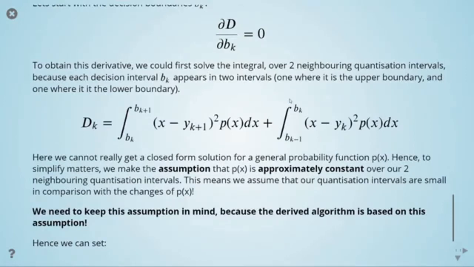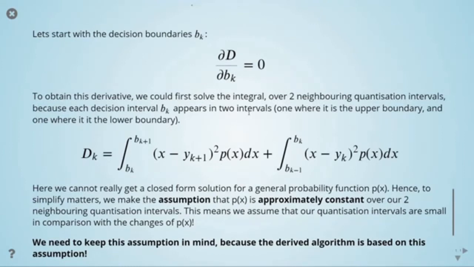And we come to the conclusion that we cannot get a closed form solution for a general probability function p of x. So what we can do is make the assumption that p of x is approximately constant over our two neighboring quantization intervals.